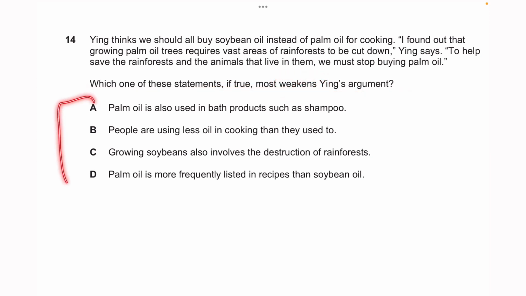So then we've got A, B, C, and D to follow through here. What we need to do is find out which one, it's a weakening strengthening question, which one most weakens. So essentially it's asking us which one disagrees with Ying's argument. We can see that Ying's argument is focused on the main idea that we should all buy soybean oil instead of palm oil for cooking.